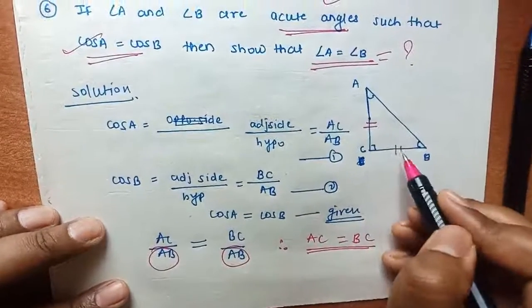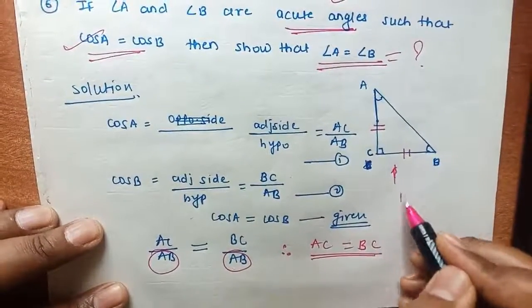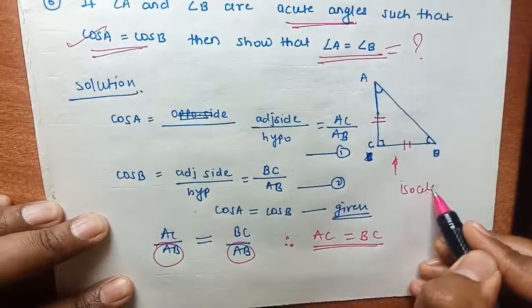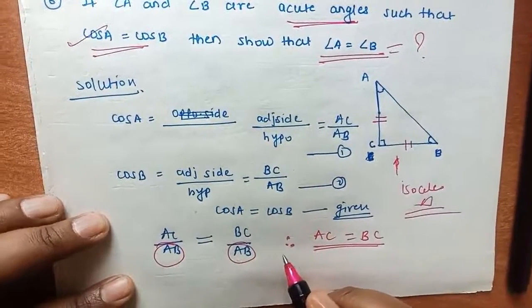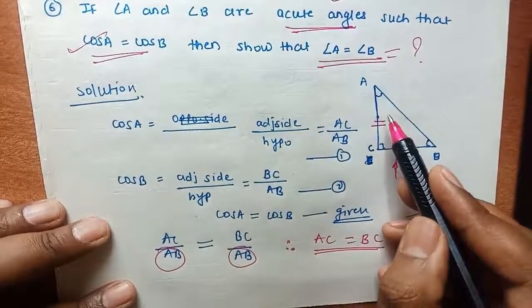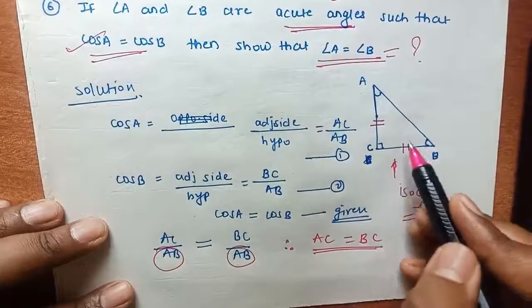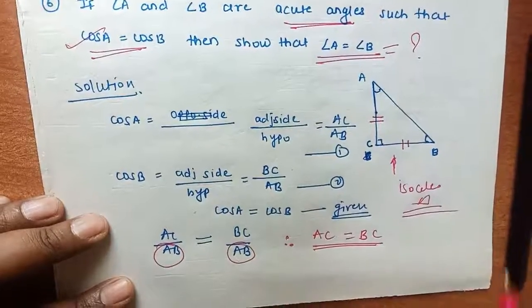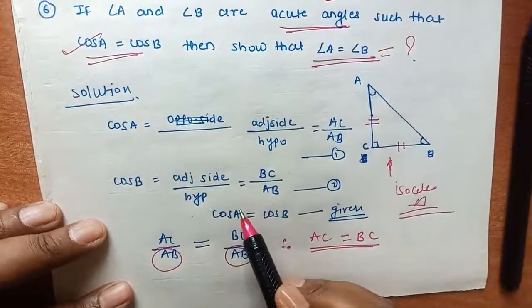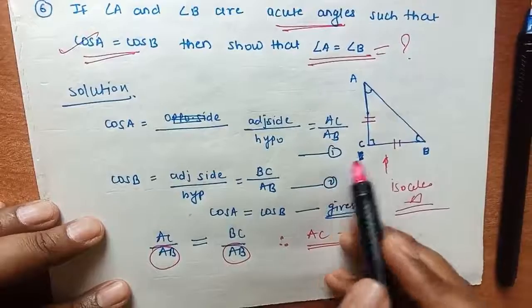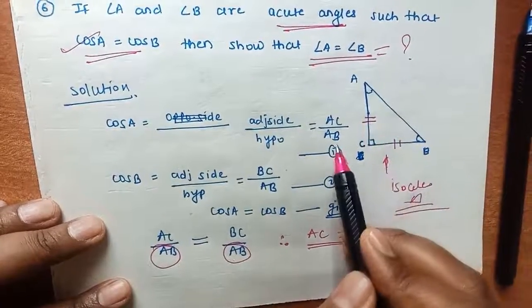If AC and BC are the same, then this triangle will become an isosceles triangle. An isosceles triangle की property: if in any triangle two sides are the same, then it is called an isosceles triangle. And the second property, the angles opposite to equal sides are equal.